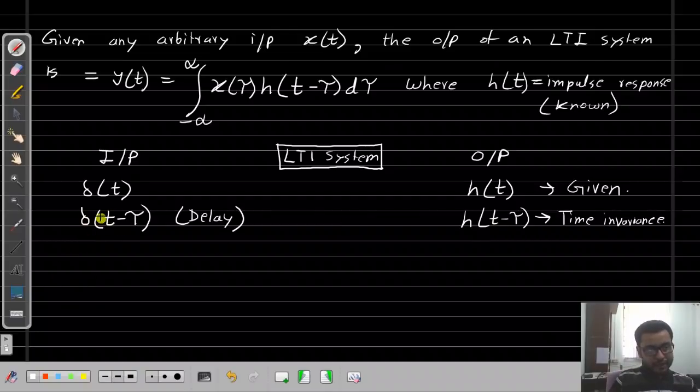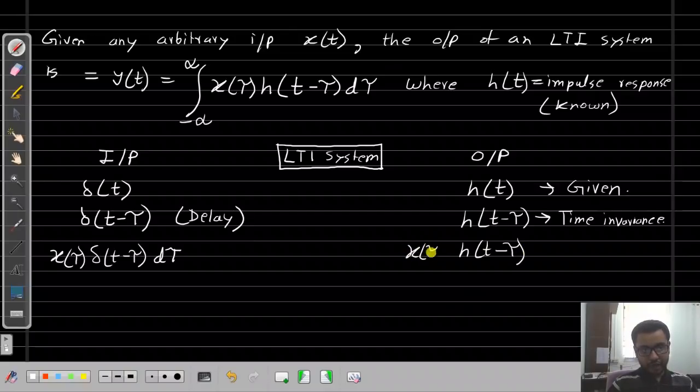Then if I multiply the input by some factor like this, x of tau, and also multiply another factor, d tau, then the output will also get multiplied by the same factors, x of tau and d tau. This is by virtue of homogeneity.